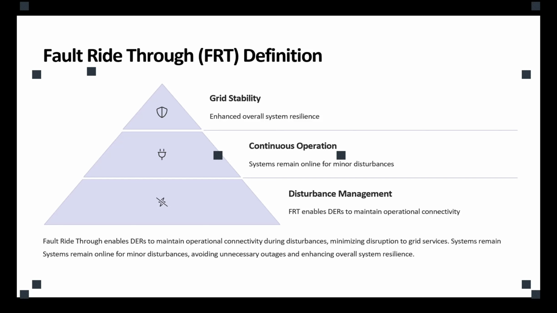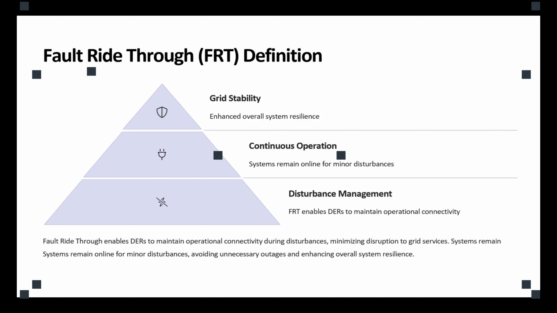So how could we deal with that? In order to deal with that, we need to develop a new regulation, a new control method, to overcome that problem. That control method or regulation is fault ride-through.